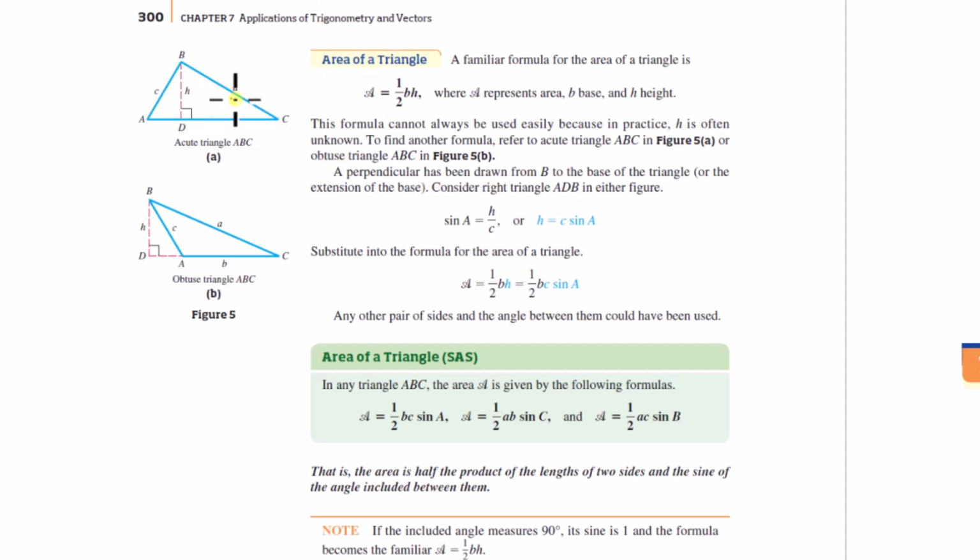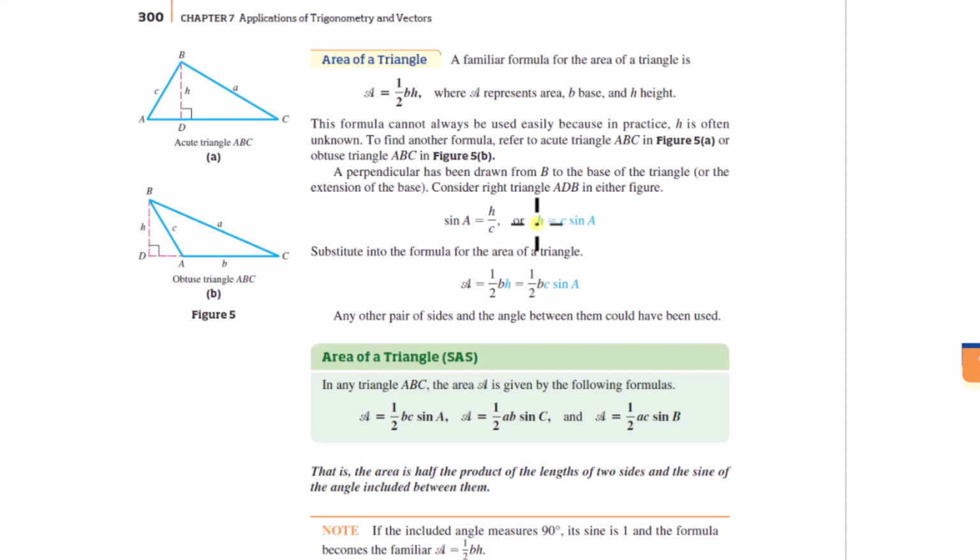Okay, so they draw this perpendicular here, this height, and they do the same thing over here because we want to consider an acute and obtuse triangle to make it completely general. Then they say consider triangle ADB. So here's ADB. The sine of A is going to be H over C for both cases.